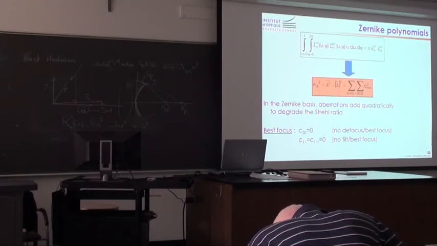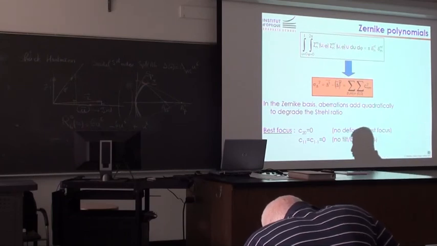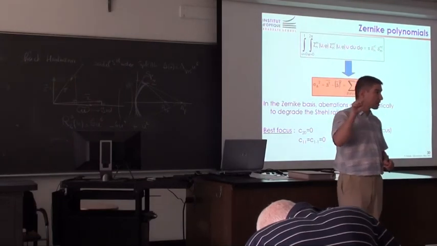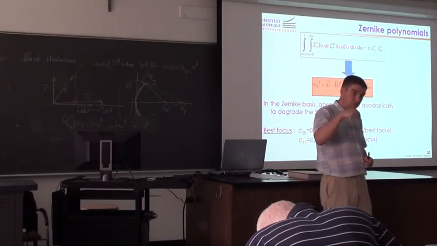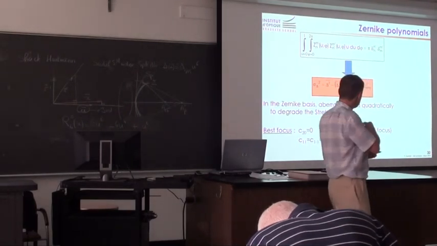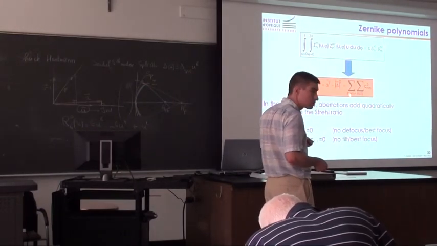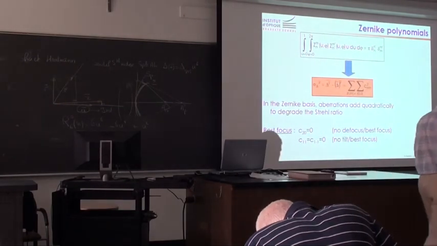This is totally consistent with what Zernike wanted to do. How do you find the best focus? You move your CCD in space such that you find the maximum intensity, so that you minimize the variance. What does that mean here? It means that you move it around such that you cancel the terms that correspond to defocus, and the terms that correspond to tilt.